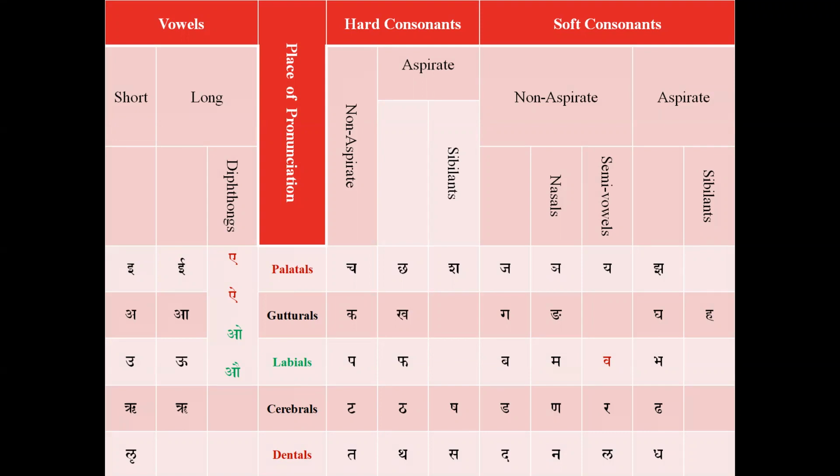So A and I are vowels. Within vowels, they are long vowels and they are also conjunct vowels, diphthongs. Now, the place of pronunciation is palatal, not only palatal. If it is only palatal, then it becomes a simple vowel, right? Conjunct vowel. So therefore, guttural and palatal.